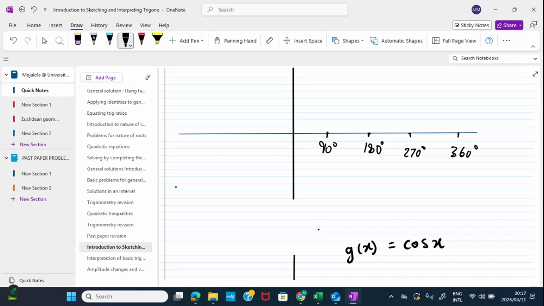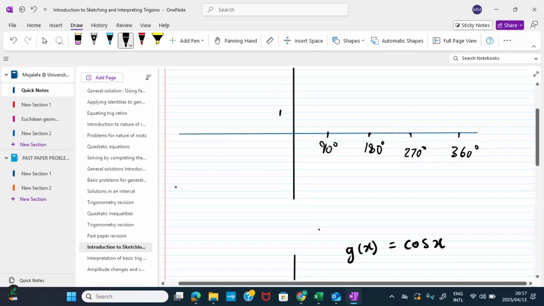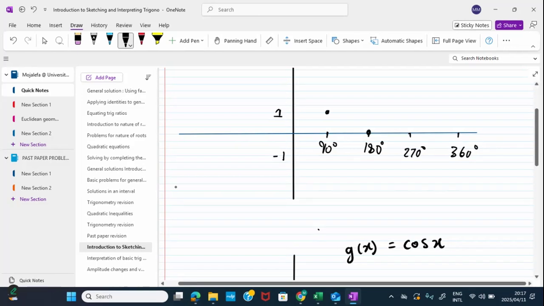So let's have our value of 1 there, and then the value of negative 1 somewhere there. Sin 180 gives you 0. Sin 0 gives you 0 also. Sin 270 gives you negative 1. Sin 360 gives you 0.